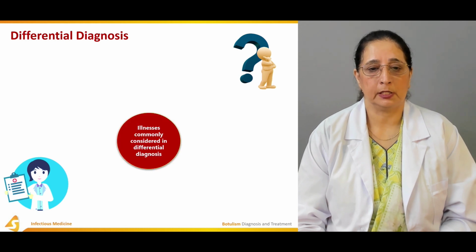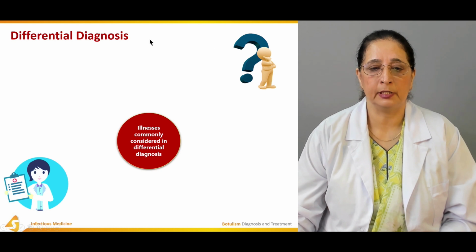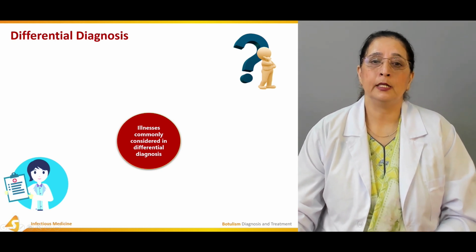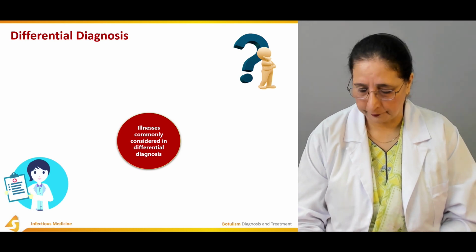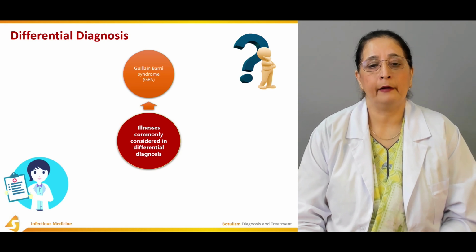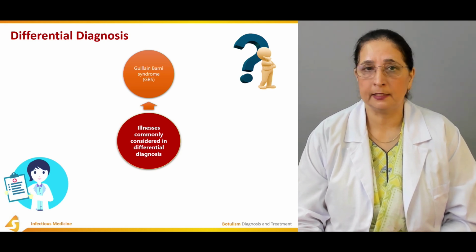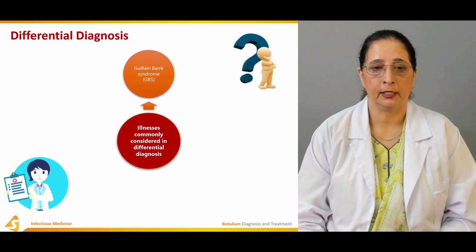Differential diagnosis. Illnesses commonly considered in differential diagnosis. So what are the different illnesses that need to be differentiated from botulism? Guillain-Barré syndrome, GBS, is a very important disease that needs to be differentiated.